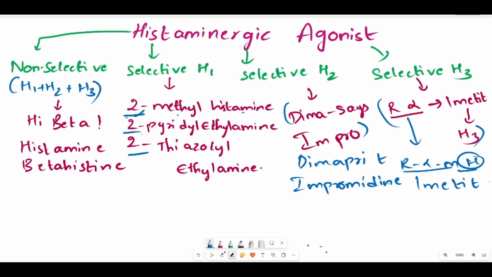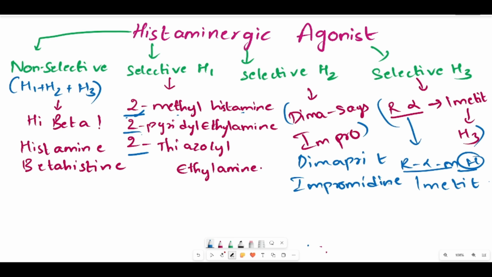The third class is the selective H2 agonist, so remember the sentence "Dima says I am pro": Dimaprit and impromidine. And the last class is the selective H3 agonist, where the sentence is "R alpha imitates H3": R-alpha-methylhistamine and the drug immepip.